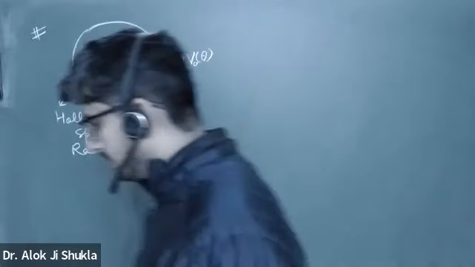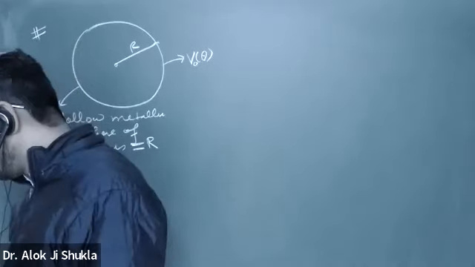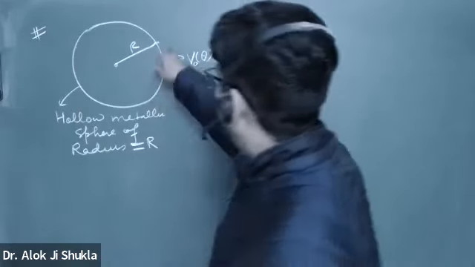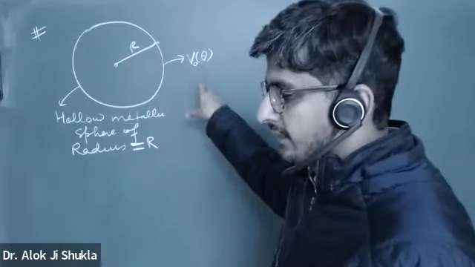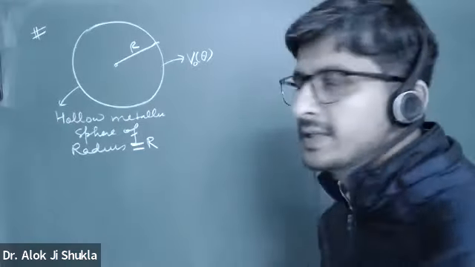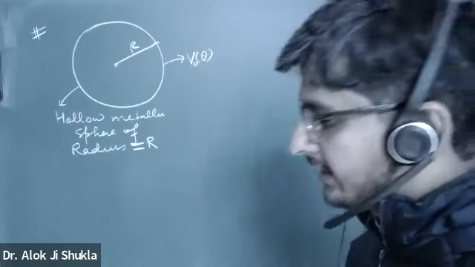So the whole of the outer surface is at the same potential, and that potential is given by V naught theta. Is that clear?